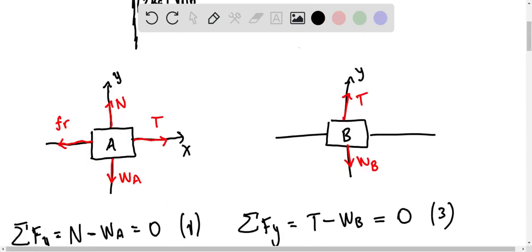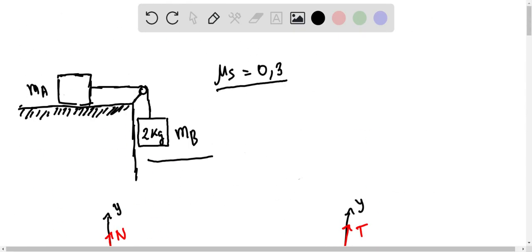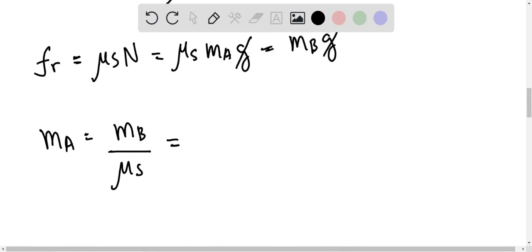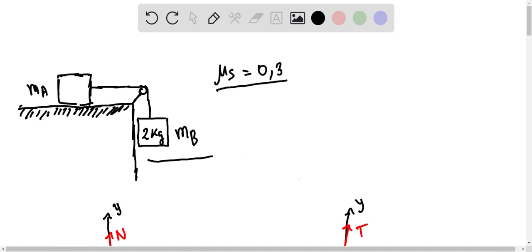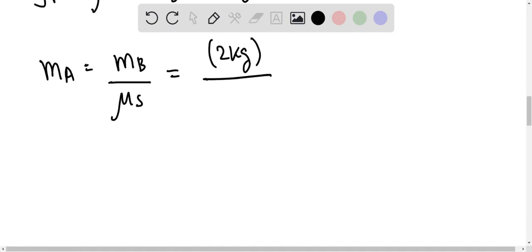The mass of the block MB is given as 2 kilograms. So we have 2 kilograms and the coefficient of static friction, which is 0.3. So putting this into the calculator, we obtain a value of 6.67 kilograms.